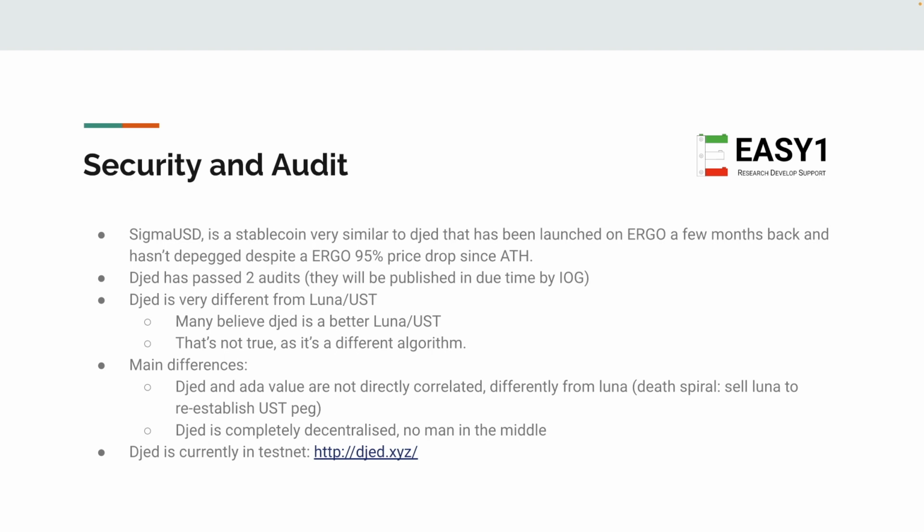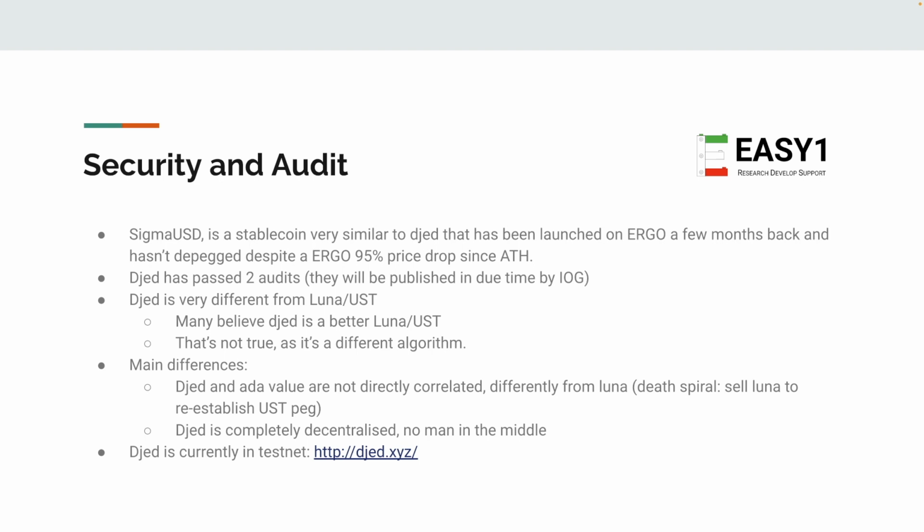The arbitrage was what made Luna USD extremely interesting, but it was also extremely risky, because the moment that USD started to depeg, in order to re-establish the peg, you have to sell Luna. But if you sell Luna, the value of Luna goes down, and so the depeg is actually amplified rather than reduced. And this is basically the straw that broke the camel's back and brought Luna to collapse.